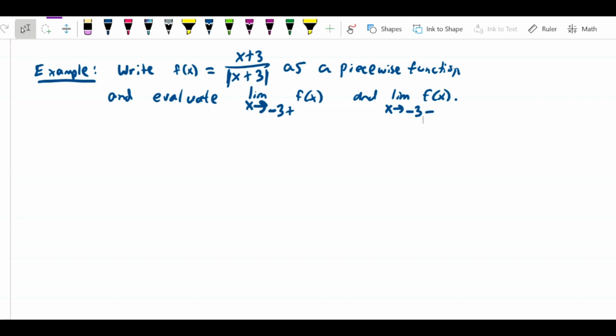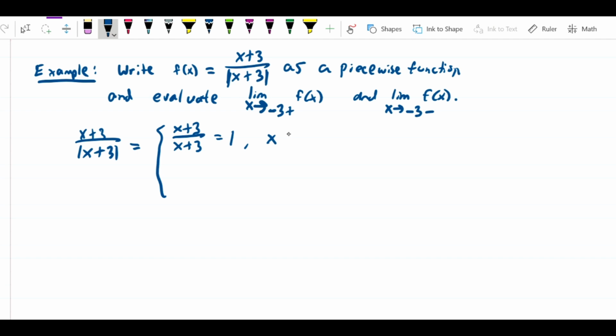So what we want to do is think about how we rewrite this as a piecewise function. The absolute value is on the bottom, so x plus 3 over absolute x plus 3 is going to equal, for values that are greater than negative 3, simply x plus 3 over x plus 3, which equals 1, as long as x is not equal to negative 3, because we can't do equality.